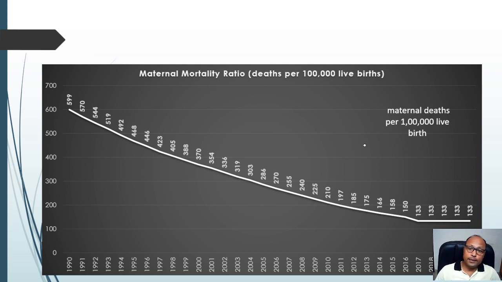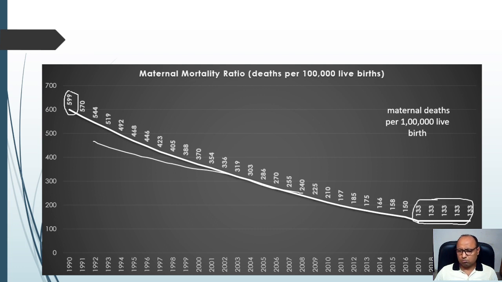And if you look at the scenario over a period of time, it was as high as 519, close to 600 women used to die while giving birth out of 1 lakh. And this number has started declining, and now we are close to around 133.